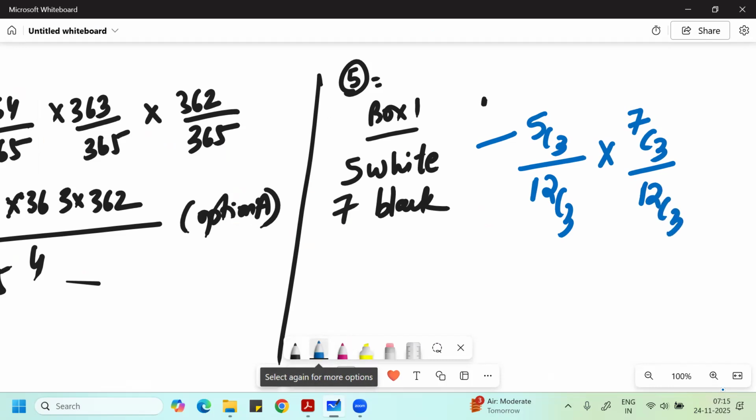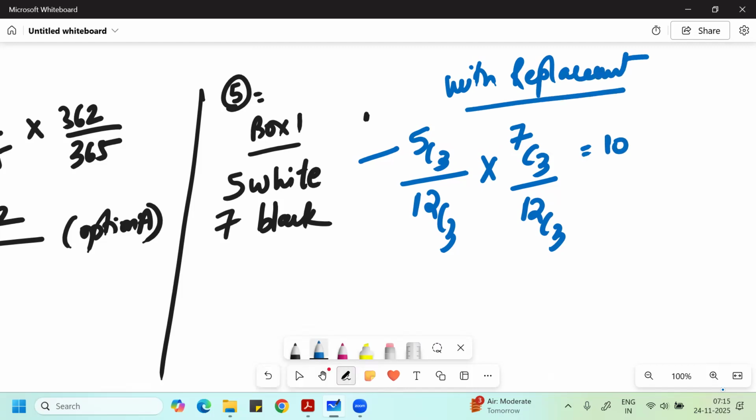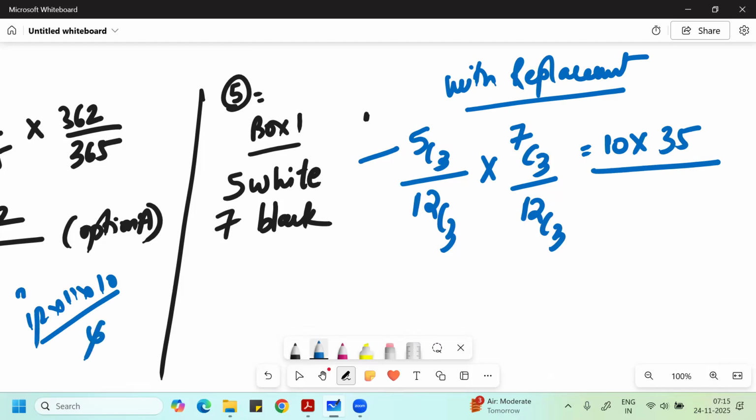So this would be the probability: 5C3 by 12C3 into 7C3 by 12C3. This is with replacement, so after you draw three balls, again you put them back. 5C3 is 10, 7C3 is 7 into 6 into 5 by 6, that is 35. 12C3 is 12 into 11 into 10 by 6, so this is 220. 10 into 35 by 220 into 220. The 0 and 0 you can cancel.